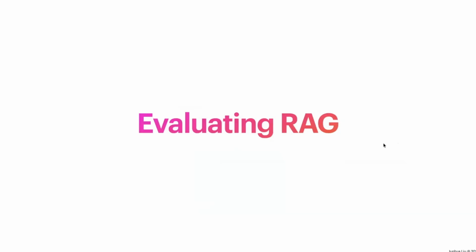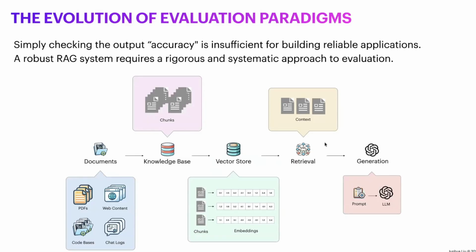Okay, the next part, we will talk about how to evaluate a RAG system. As we see, this is a system of five components, but every step can consist of many contents and the process can be challenging. So effective evaluation of a RAG system cannot be simply evaluating the output of the large language model.